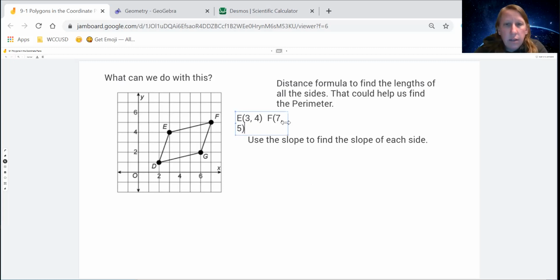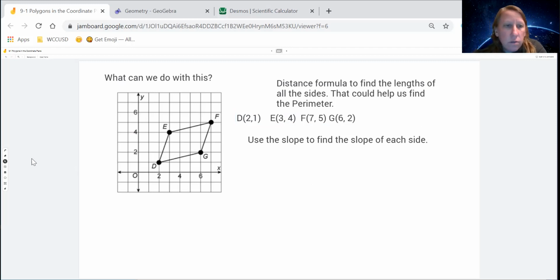And G is at (6, 2). And I'll put D in front. D, E, F, G. D is at (2, 1).